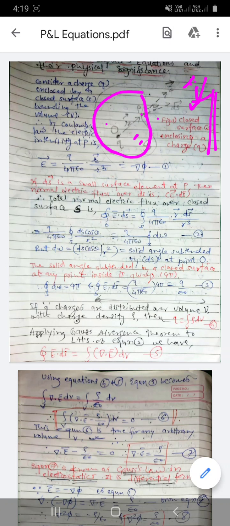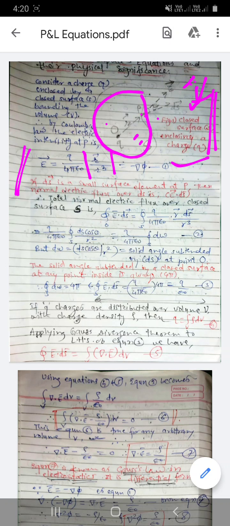With this experimental setup, one can have the equation for electric field intensity E bar equal to Q upon 4 pi epsilon 0 into R upon R cube equal to minus del phi.